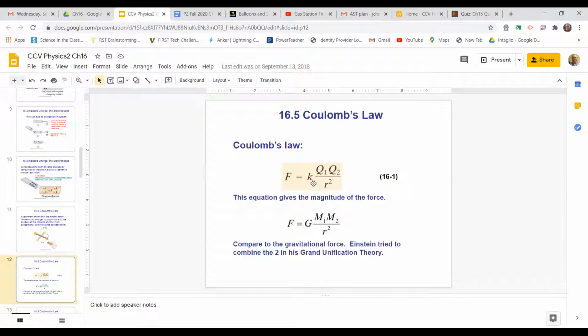Then there's a k up front, that's a constant, and then G, the universal gravitational constant. So they definitely look very similar, but k is so much bigger than G. G is very, very small, and so it means gravity is a very weak force.